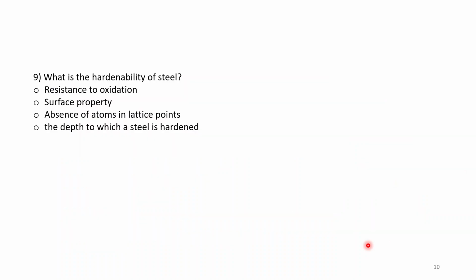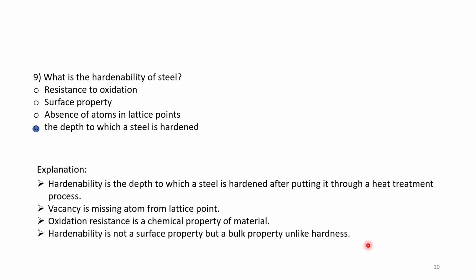Next question is, what is the hardenability of steel? Your options are resistance to oxidation, surface property, absence of atoms and lattice points, or the depth to which a steel is hardened. So your answer will be the depth to which a steel is hardened.